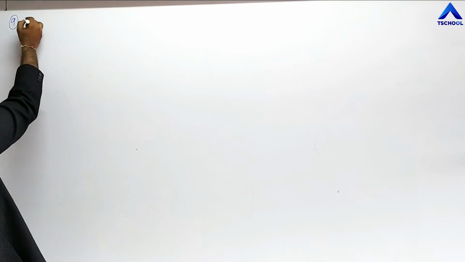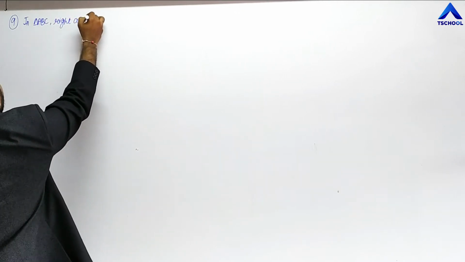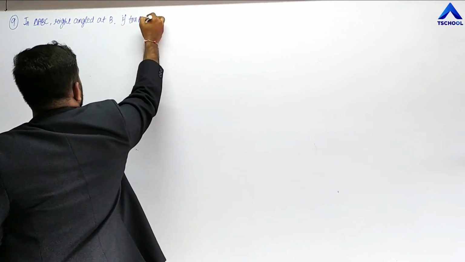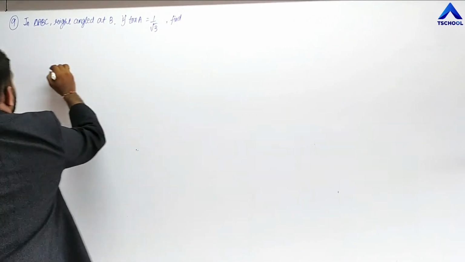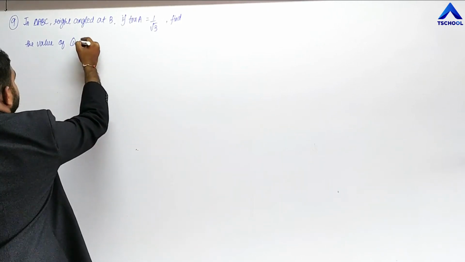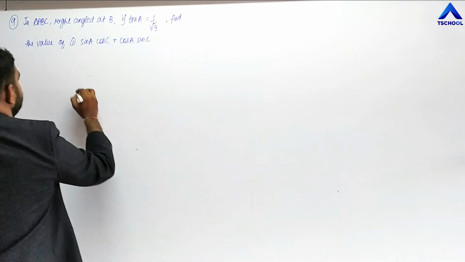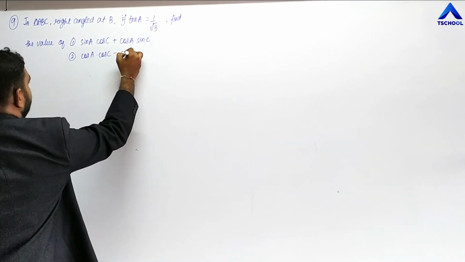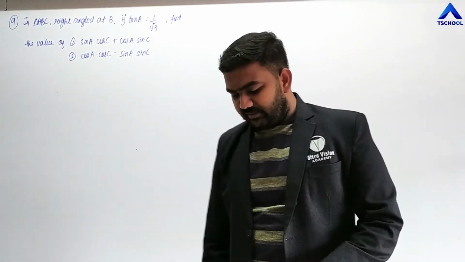The question given is that in triangle ABC, right angled at B, if tan A equals 1 upon root 3, then find the value of: the first one, sin A cos C plus cos A sin C, and second one, cos A cos C minus sin A sin C. So the question here is this, that in triangle ABC right angled at B.